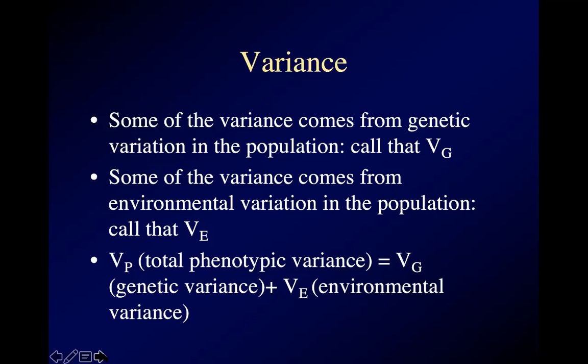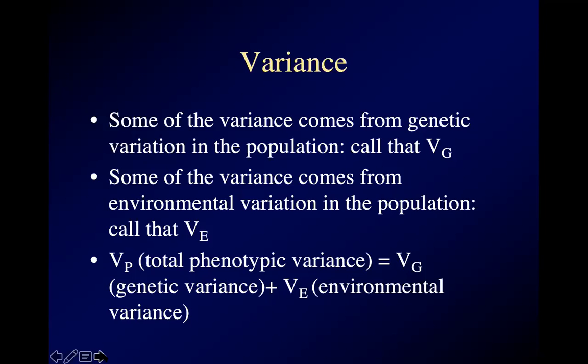But that is a factor, that some of what makes people differ in height has to do with the food that they get while they're children. People that are starved as children often grow up to be shorter than they would have been had they not undergone starvation. So some of what makes a population of people differ in their height is due to variation in the environments that those people have been exposed to.